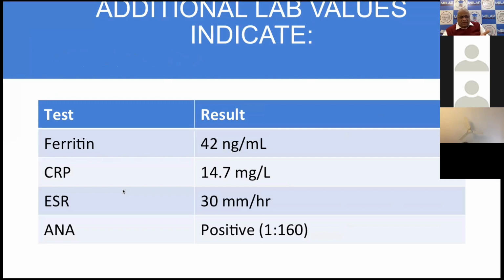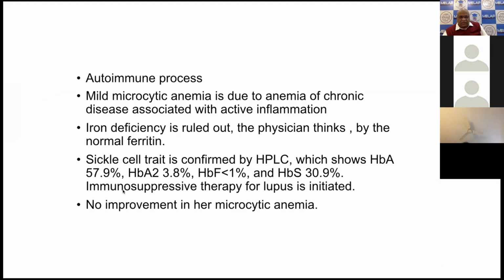So they thought this is some connective tissue disorder because ferritin is normal. HbS, sickle cell trait was also there. But in this case, RHCC was low, slightly low, but it was low. It was pointing towards iron deficiency anemia. When this patient received iron, there was improvement in the hemoglobin.